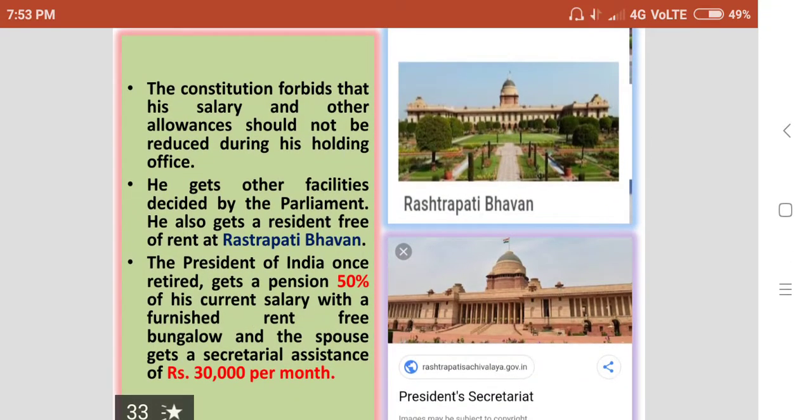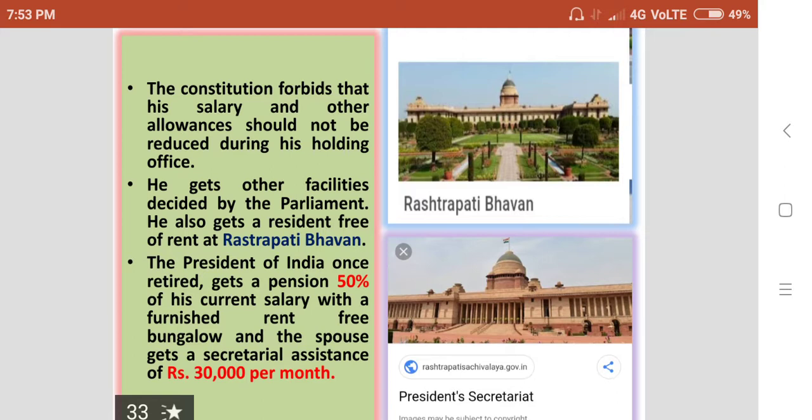The constitution forbids that his salary and other allowances be reduced during his holding of office. He gets other facilities decided by the Parliament.